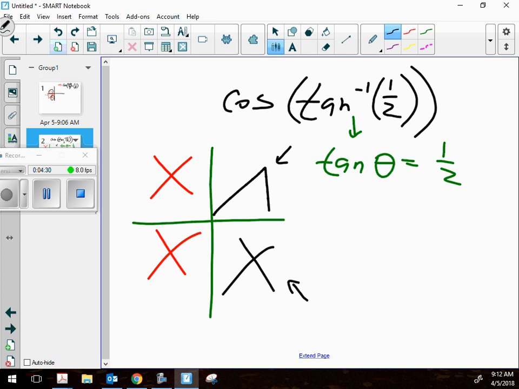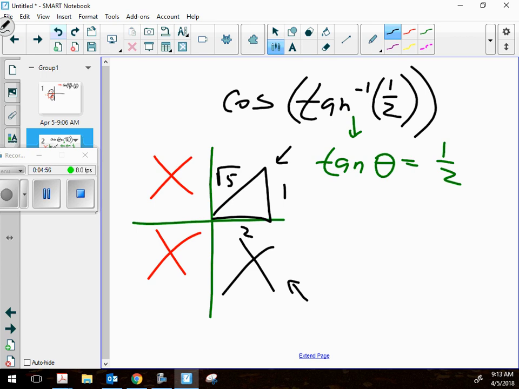All right, so then I'm here, and then I'm making my sides. Tangent, TOA, opposite over adjacent. 1, 2, and, square root of 3? No. What is it? Square root of what? Square root of 5. How do we get that? It's just this squared plus that squared. Okay, so 1, 2, square root of 5 triangle.